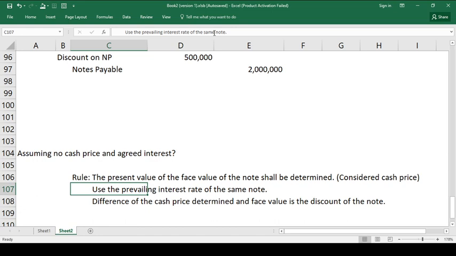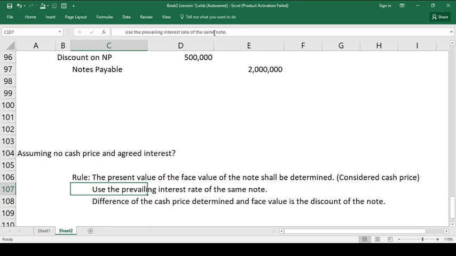Well, as what we did kanina on non-interest bearing note for an acquisition of cash, what did we use on determining the present value? Well, we will use the prevailing interest of the same object of the obligation, which is the note.